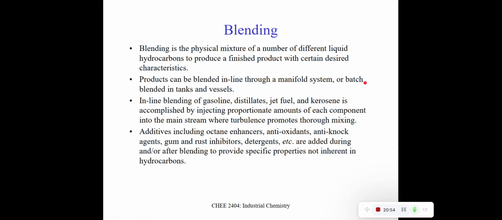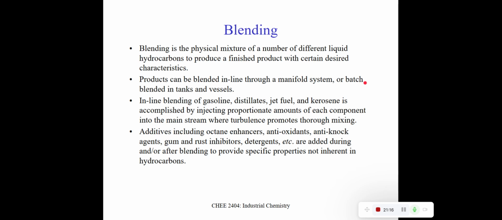Additives including octane enhancers, antioxidants and detergents, rust inhibitors, anti-knock agents and gums are added before, during or after blending to provide specific properties, right?